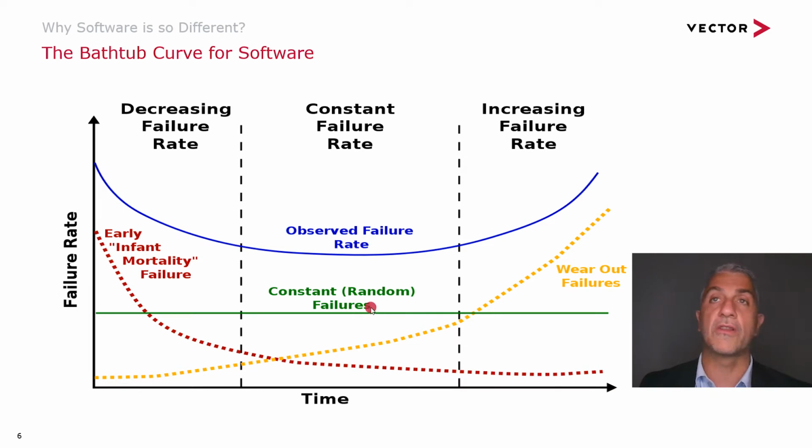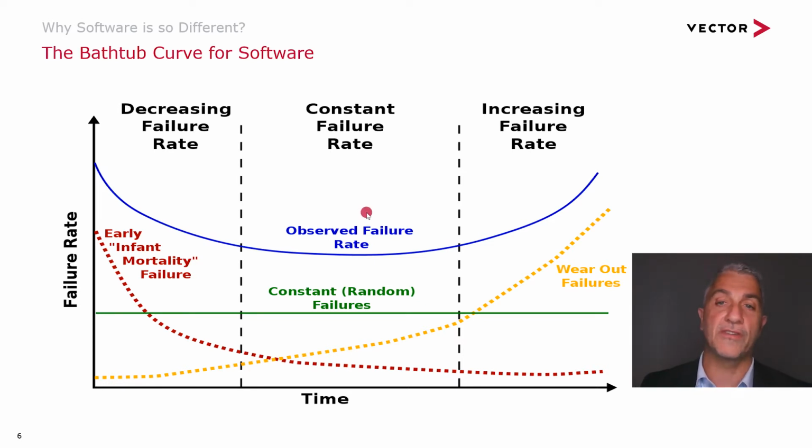You could not foresee them, you could not avoid them. For example, if we talk about humans, if you cross the road and you have an accident, or you have another kind of car accident or a home accident, these are not predictable and it's very hard to avoid them. The final observed failure rate is the famous bathtub curve.